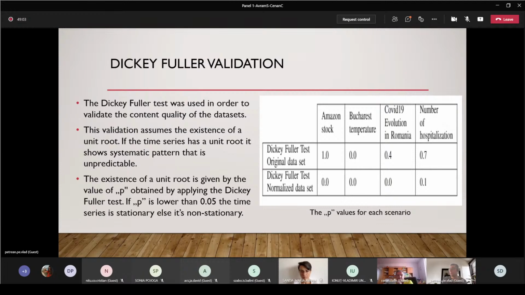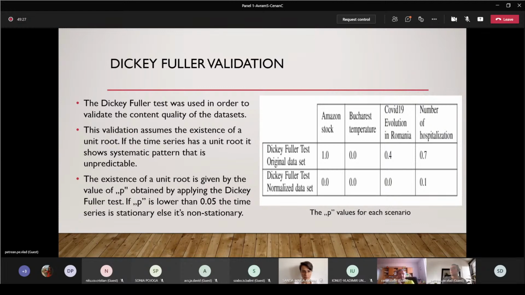After we have the data in a time series format, we will need to validate its content. Why do we do that? In order to make sure that we can obtain some predictions on it. And in order to do this, we'll apply the Dickey-Fuller test. What this test does, basically, is tell us if a time series is stationary or non-stationary.